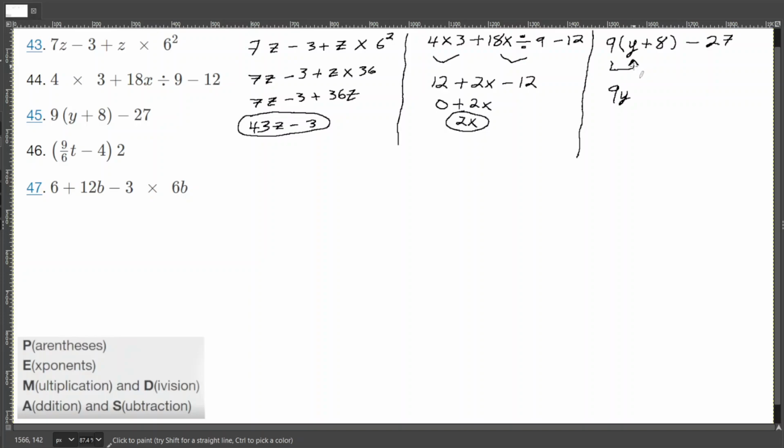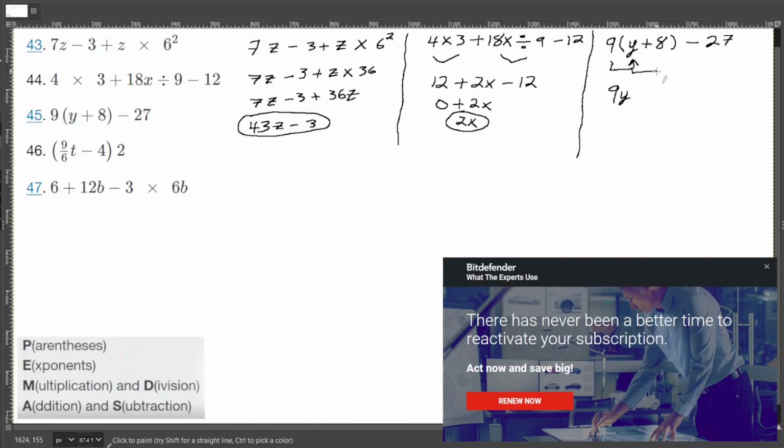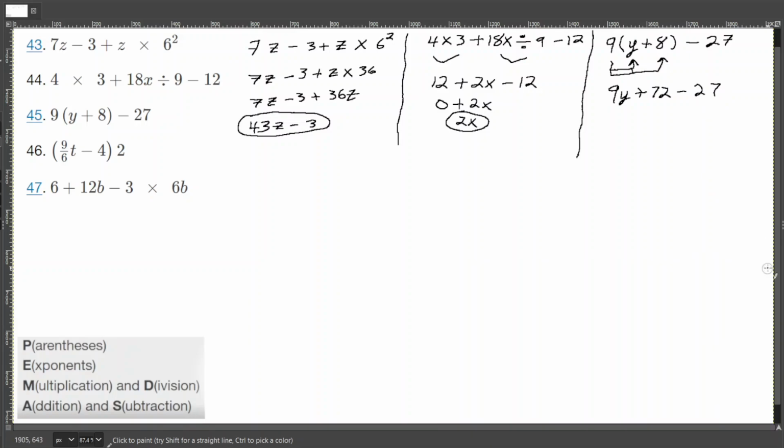And then we do 9 times 8, okay? So 9 times 8 is going to be 72. It's a positive 72, so we leave it as a plus. And then minus 27.